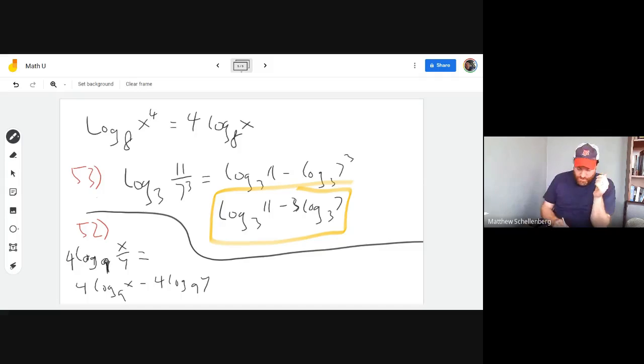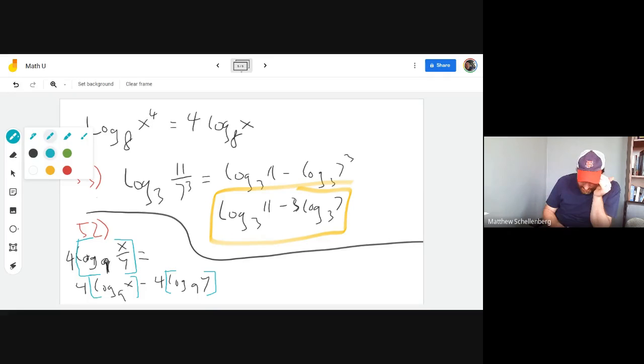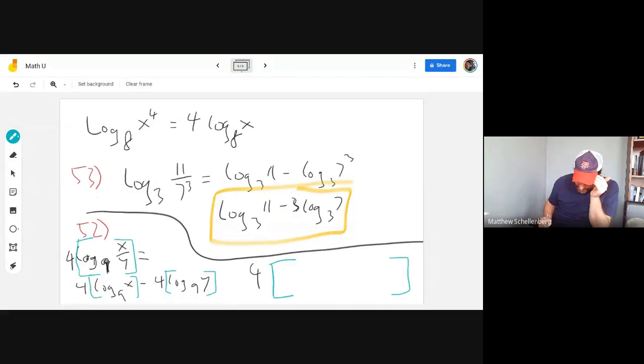Because if you want to think of it this way, I'm just expanding this, right? And that would give me these parts. And so I would basically have 4 times the log of x with base 9 minus the log of y with base 9.